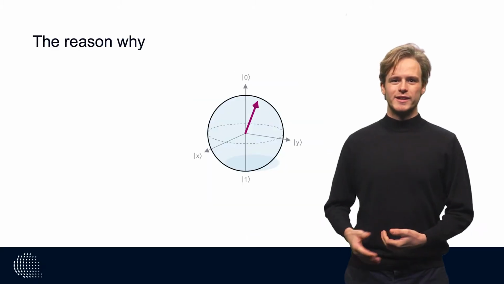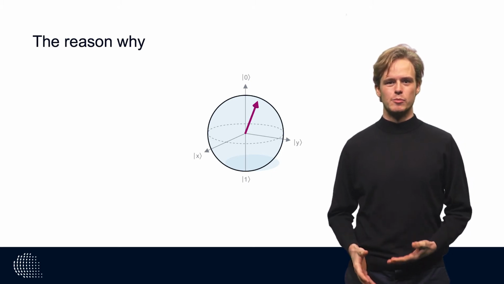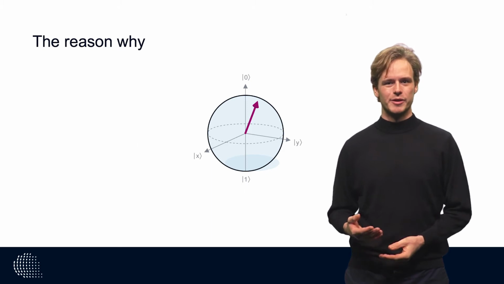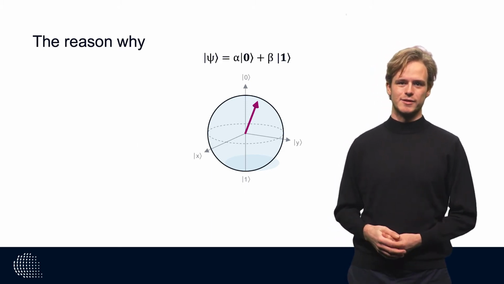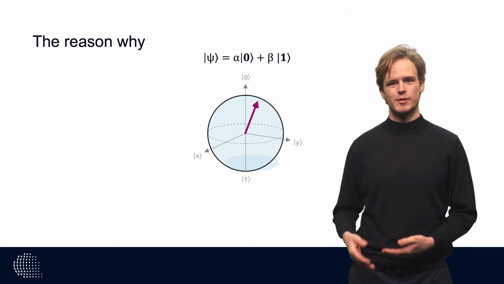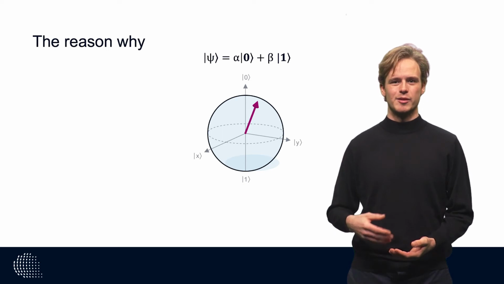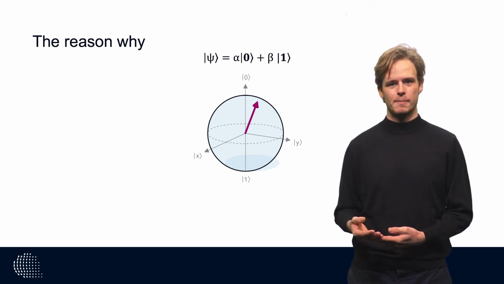The reason why we can use the Bloch sphere for visualizing a qubit has everything to do with the Born rule. The idea is that you can write any pure qubit state as a superposition of the 0 and the 1 state. So psi is alpha 0 plus beta 1, where the coefficients alpha and beta define the probability that the state is in the 0 or in the 1 state.